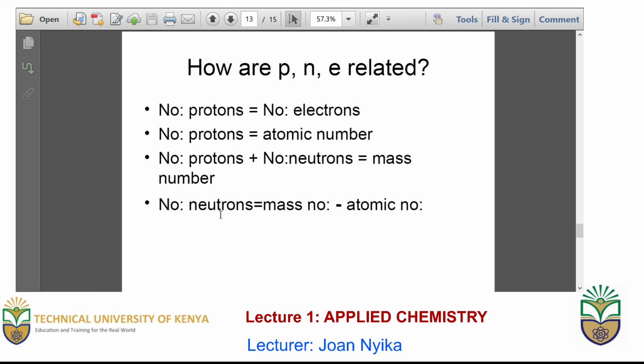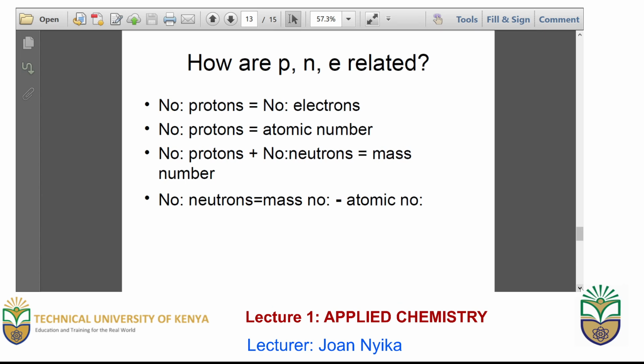The number of neutrons is equivalent to the mass number subtracted by the atomic number. I need you to understand this before we go any further: the number of protons equals the number of electrons, and the number of protons is equivalent to the atomic number. The protons plus the neutrons form the mass number, and the number of neutrons is found as a result of the mass number minus the atomic number.